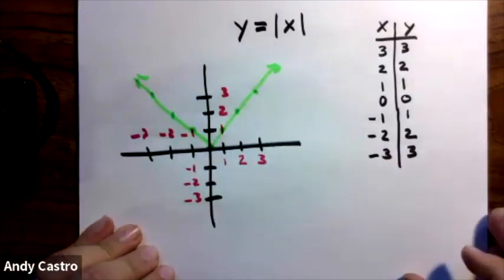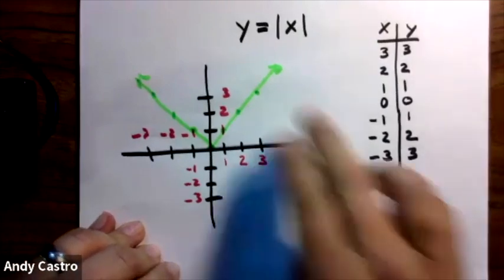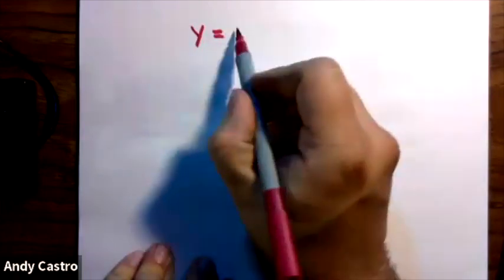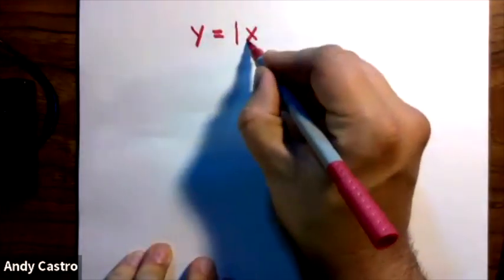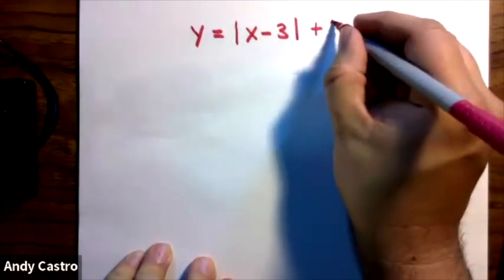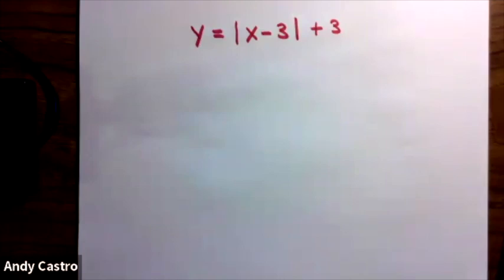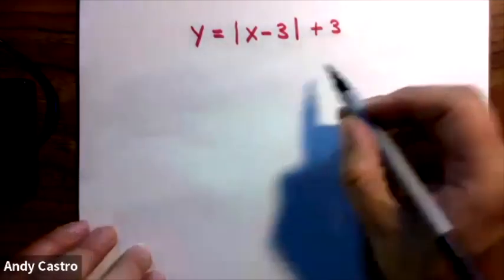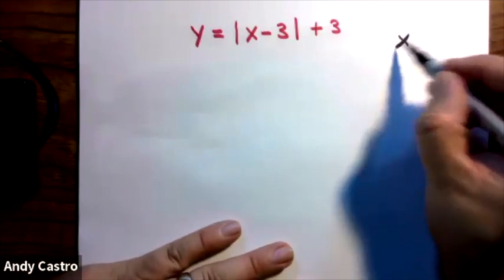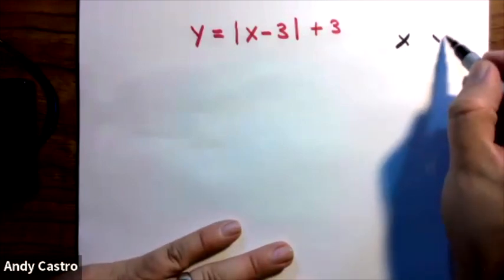All right, so now that we know kind of what the base graph looks like, let's look at a few other things about this graph. So what I'm going to do here, y is equal to the absolute value of x minus 3, plus 3. So what is this going to do? We're going to do the same thing. I'm going to plug in x and y.